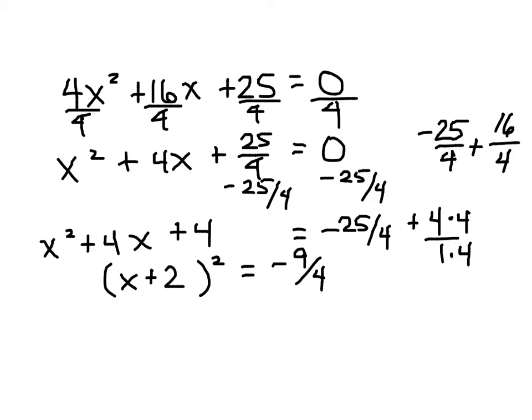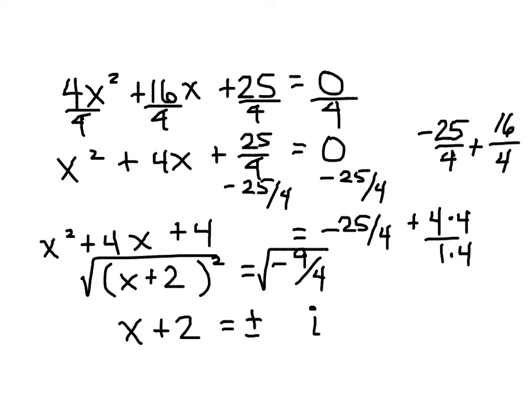Then how do I get rid of square? Root it. I get x plus 2 equals plus or minus. Don't forget to take that out. What do I do with the negative? I. And then when you have a fraction, you do them separate.